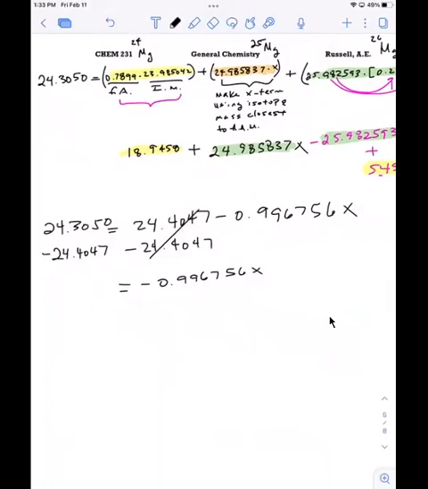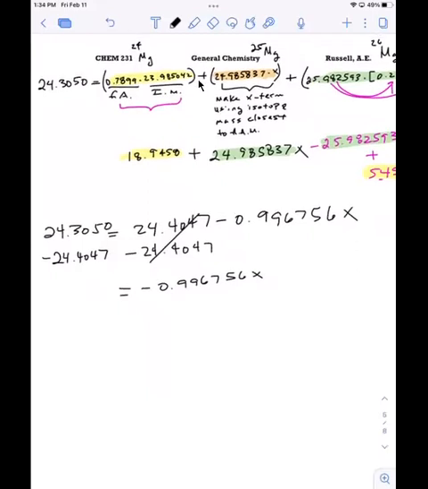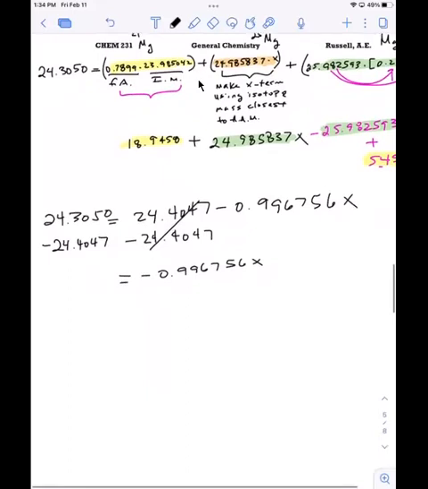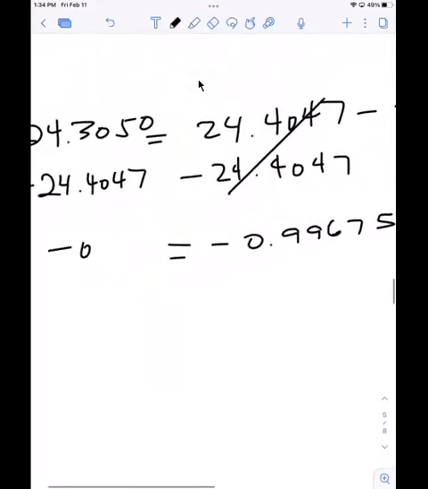X is going to give us the fraction for magnesium 25. All right. Anybody got it? It should come up to be a negative number. Okay, thank you, Mary. Negative 0.0997. Good.